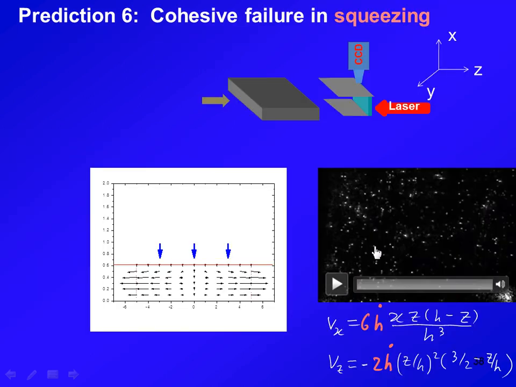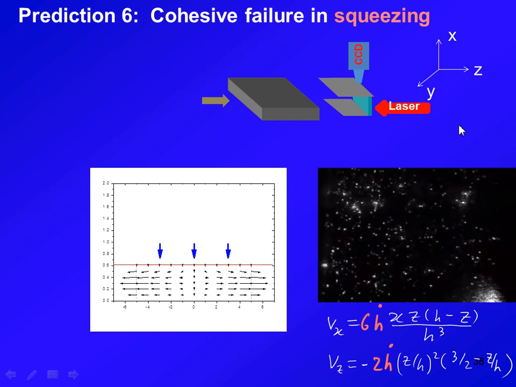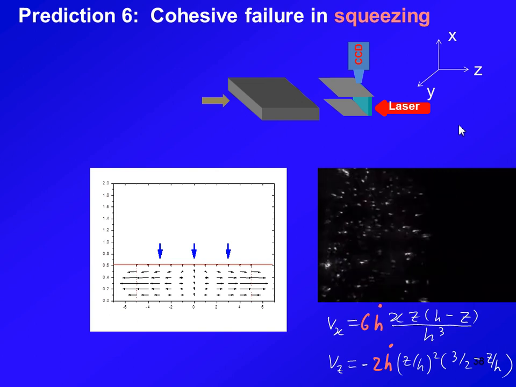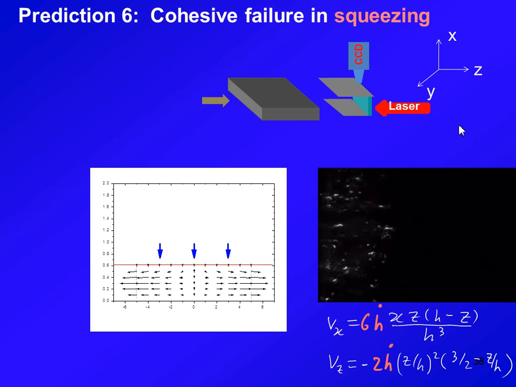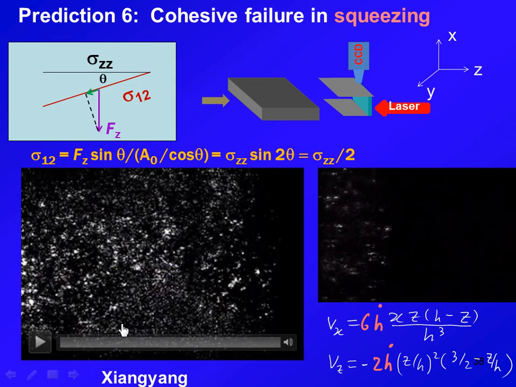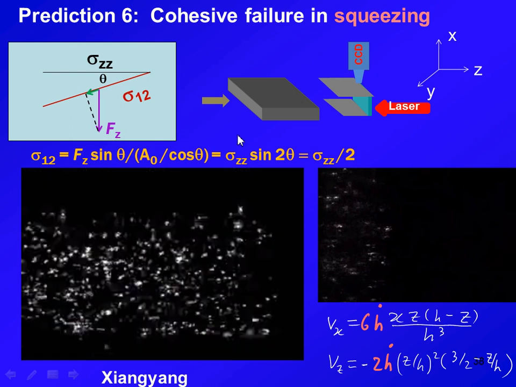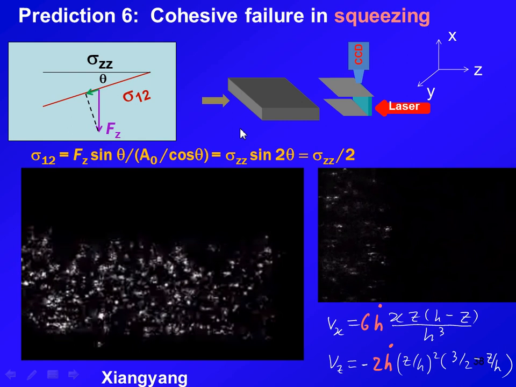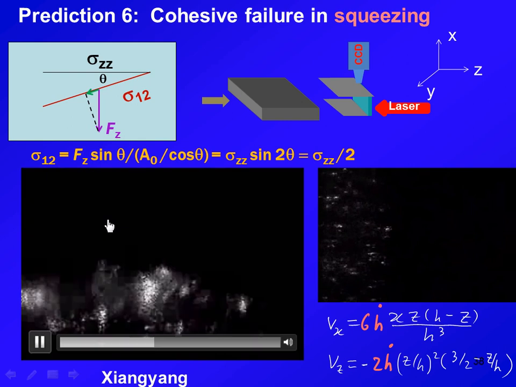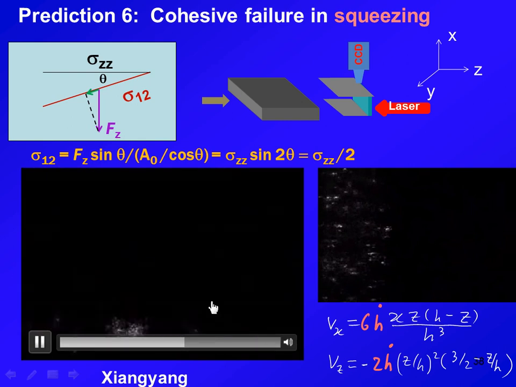So lastly, you have this squeezing, which occurs in injection molding and in many applications. And again, the particle tracking was trying to give you a sense of what we anticipate to be a strand localization. And Xiangyang discovered that this strand localization actually occurs in the form of shear yielding. Look at that, it's at the 45 degree angle.